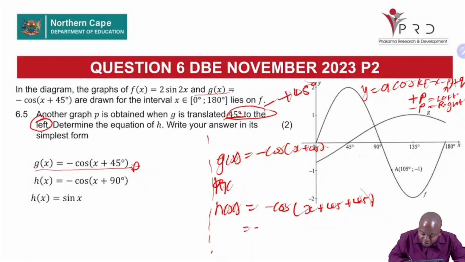So now we have negative cos of x plus 90.